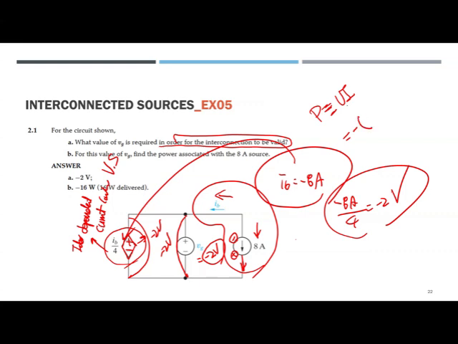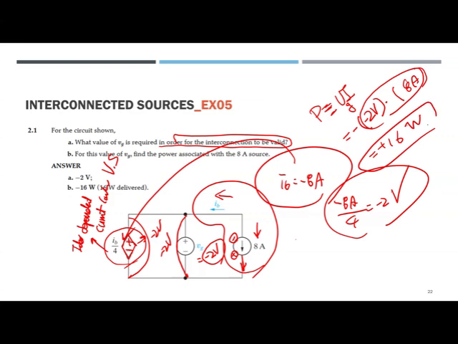What is the current? So that was minus 16 plus 16 watts. It was different. Oh, it's interesting.